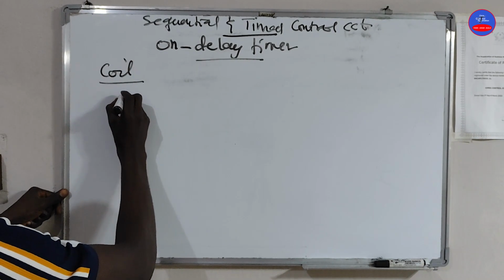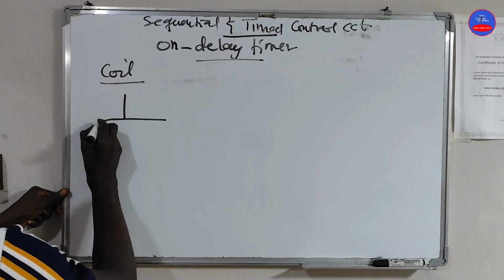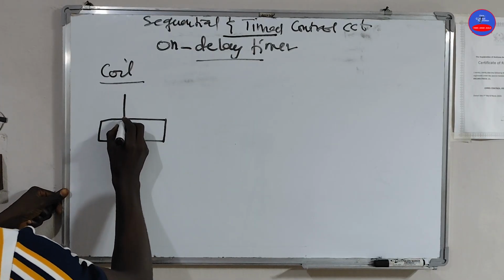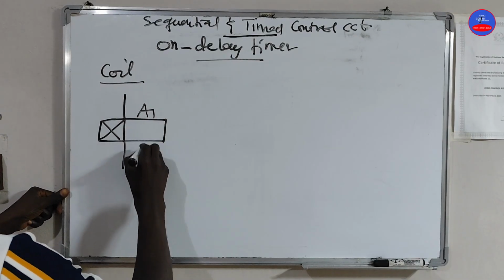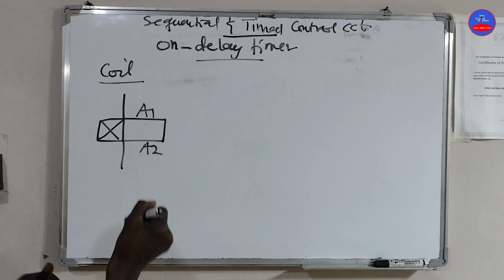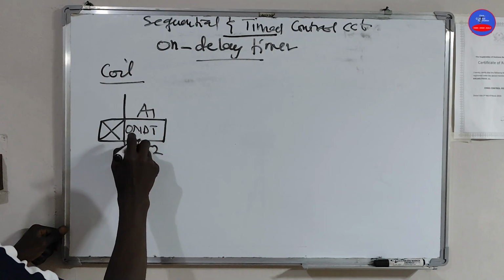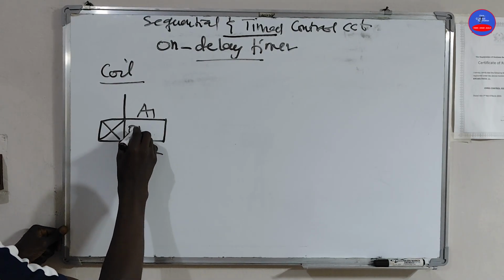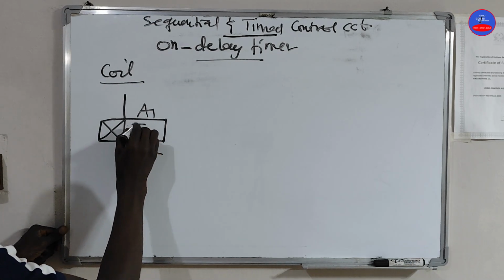The coil, we have this, A1 and A2. So this is the coil symbol. You can name it ONDT, or you can name it ODT, or you can name it T1.